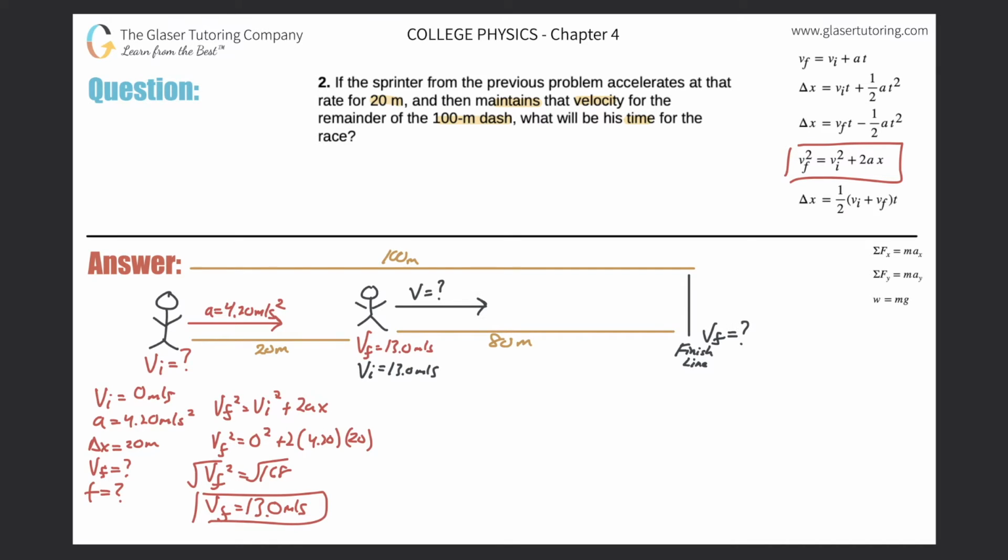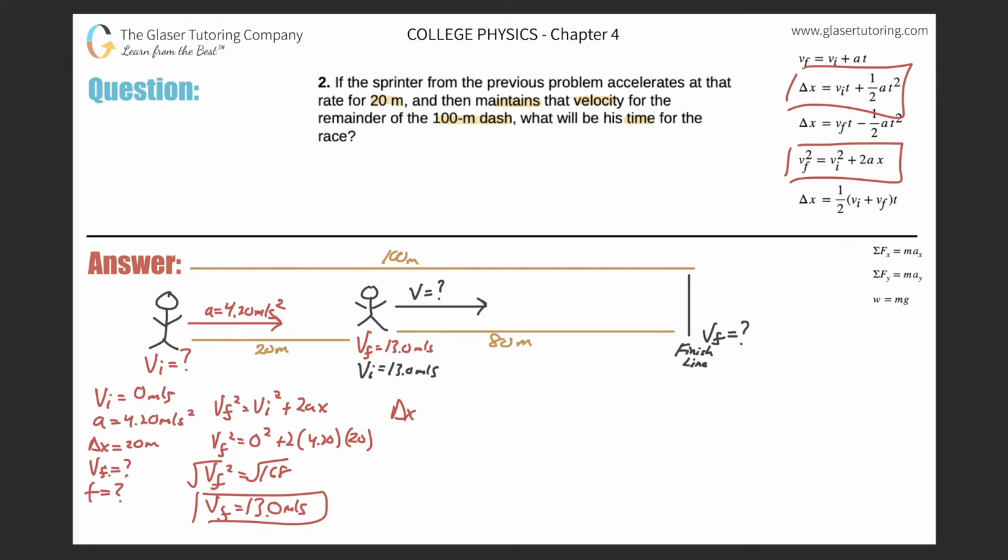Now, why don't we go back and solve for the time for this first frame of the problem. How do we want to do this? Let's use equation number 2. We could choose other equations, but I'd rather not use an equation that involves the final velocity, because maybe I made a mistake, and I don't want that mistake to propagate into the next part of the problem.